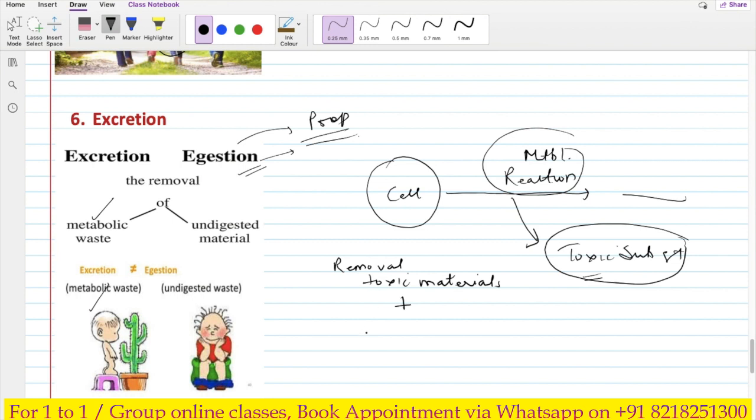So removal of any substance from the body that is in excess, right? So don't cram. Removal of metabolic waste that is toxic for the body, and removal of any substance that is in excess.